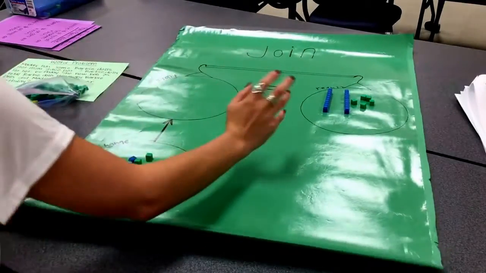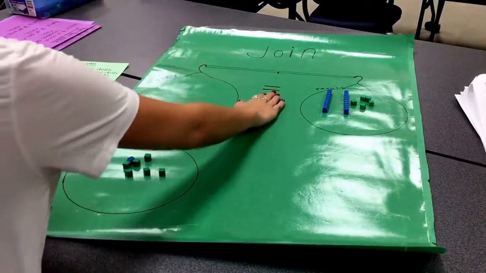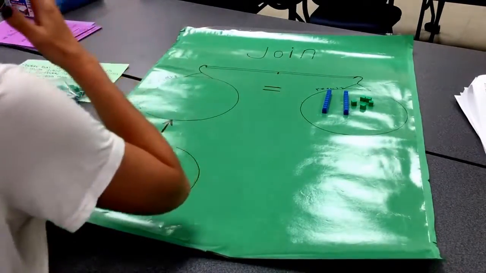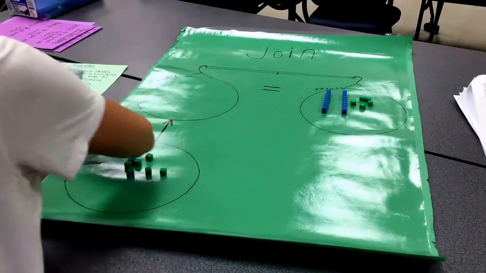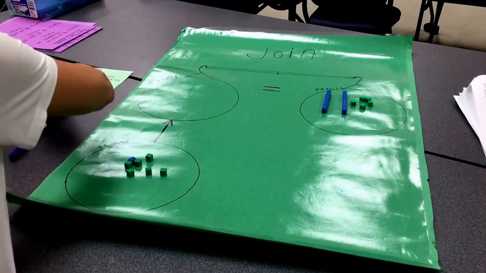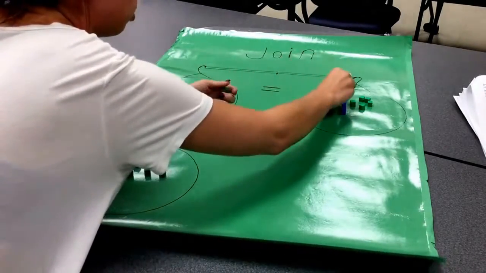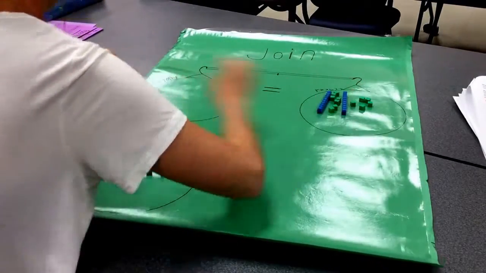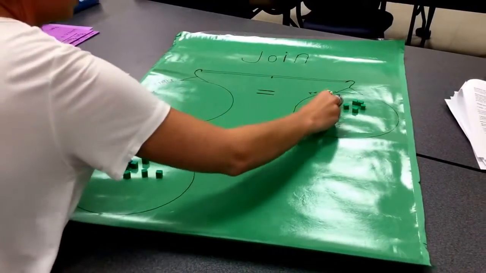And so now that we have this, we need to figure out what our start is. And we need to make it equivalent on both sides, which is what the equal sign means. So we need to regroup a 10, or a long, and we will put 10 units here. 1, 2, 3, 4, 5, 6, 7, 8, 9, 10.